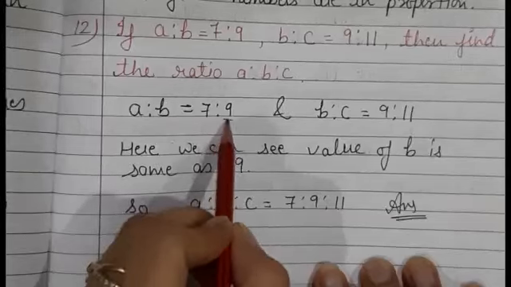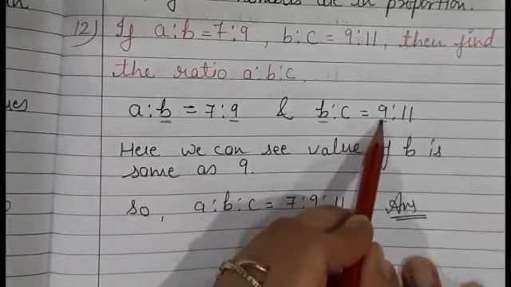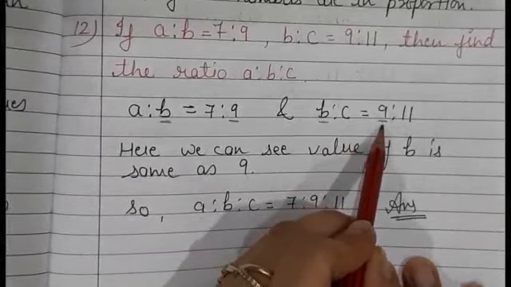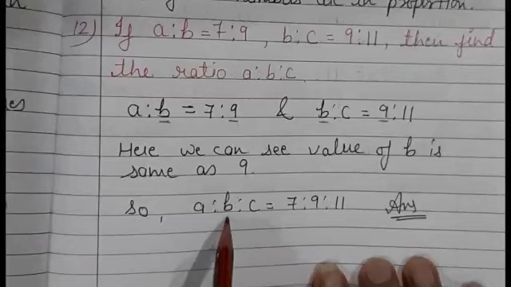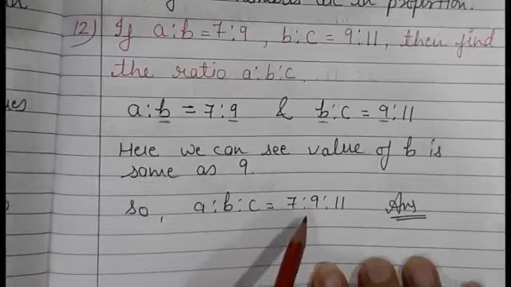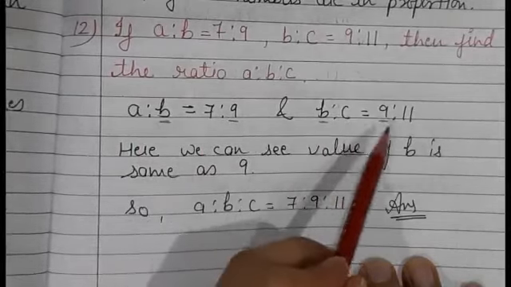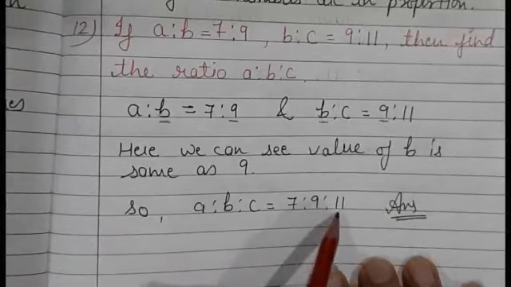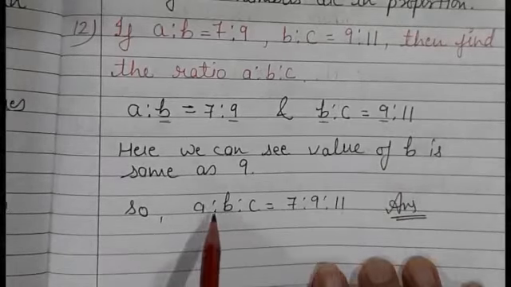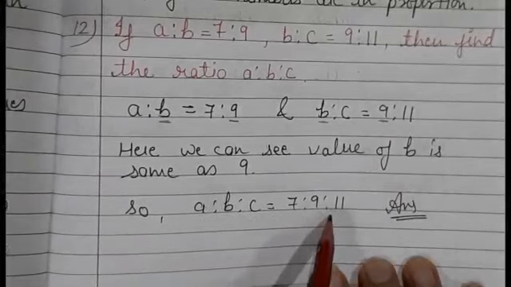You can see B is coming the same, that is 9, right? So A is to B is to C, we can write as A is 7, B is 9, and C ratio is 11. So A is to B is to C is equal to 7 is to 9 is to 11.